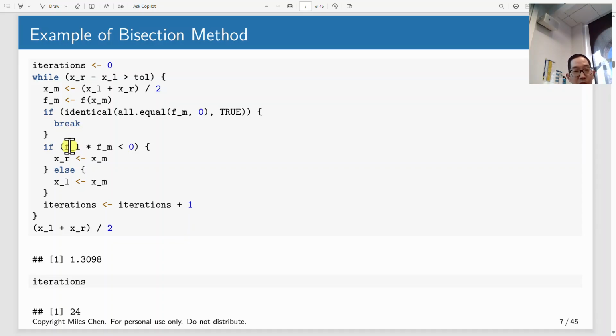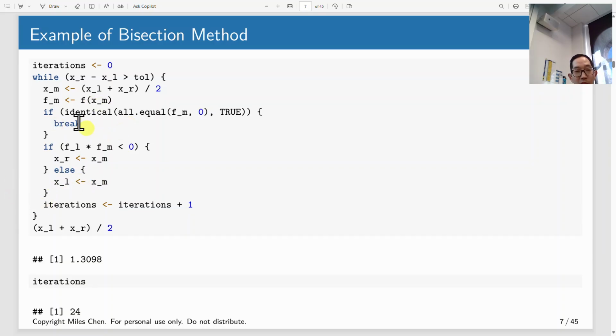Otherwise, we will evaluate the function at the left multiplied by the function at the midpoint, and if that's less than 0, then we know the root has to be between the left and the midpoint, so the midpoint becomes the new right-hand side of the interval. And if that's not less than 0, then we know the root has to be between the midpoint and the right-hand side, so the midpoint becomes the new left-hand side.